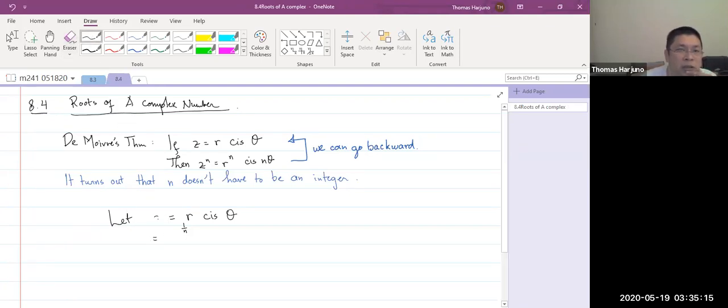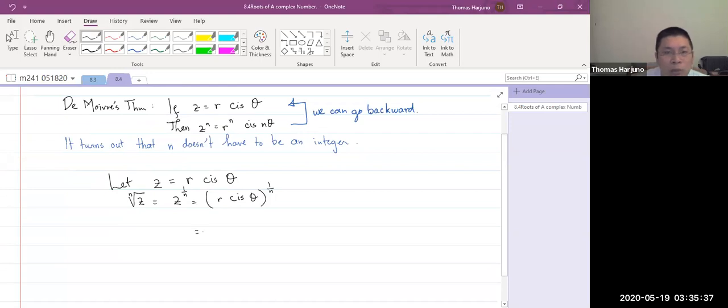So the nth root of C, which is the same as C to the power of 1 over n, that's the same as doing this to the power of 1 over n, which will be R to the power of 1 over n cis theta plus 360 degrees k over n.